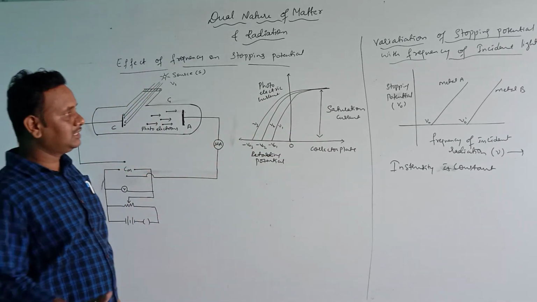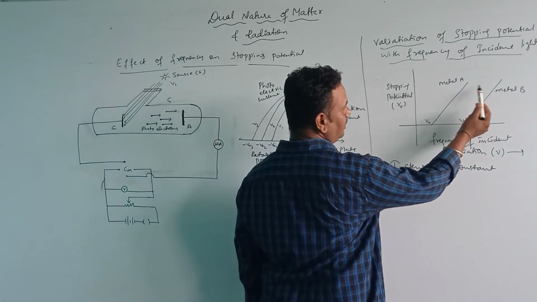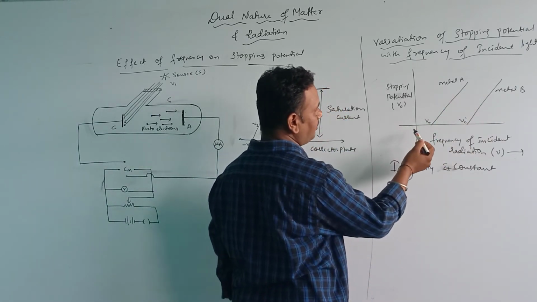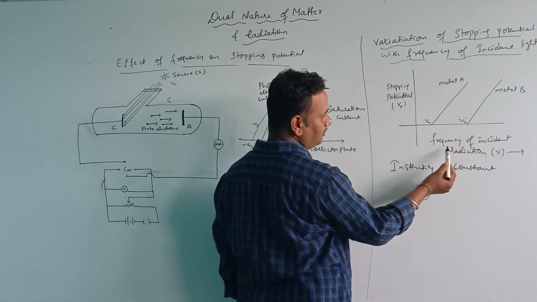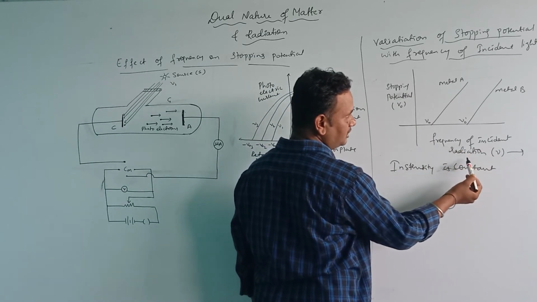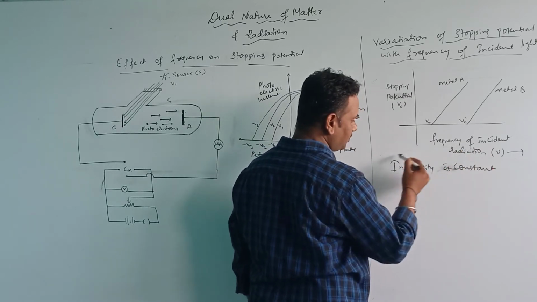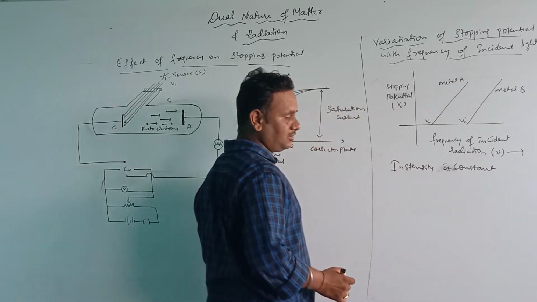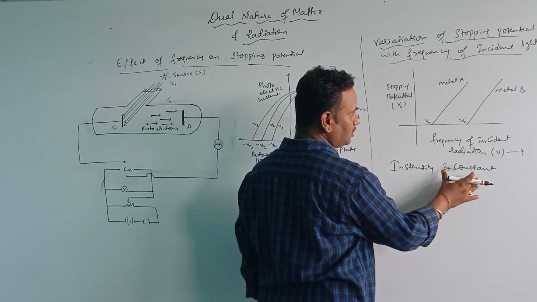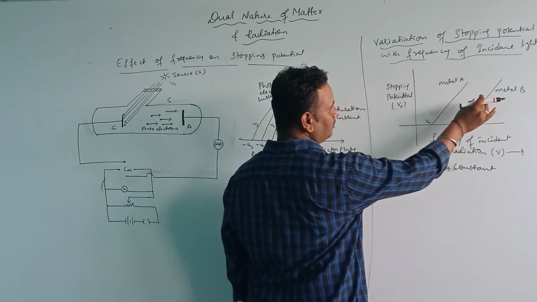So let us consider two metal plates here, and we maintain a constant intensity for the two different metals.